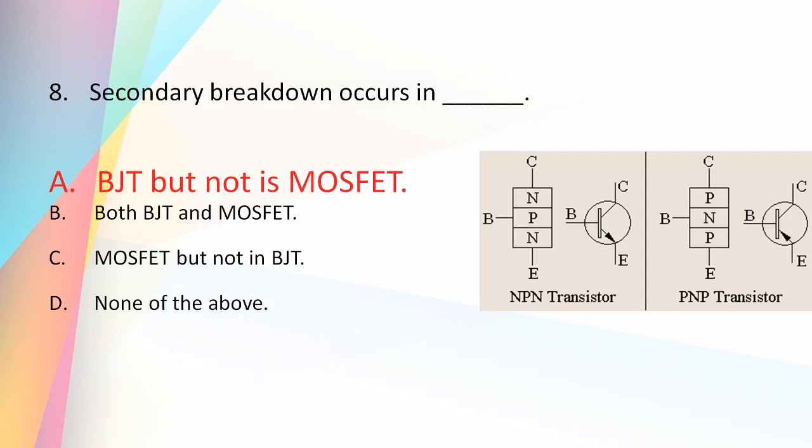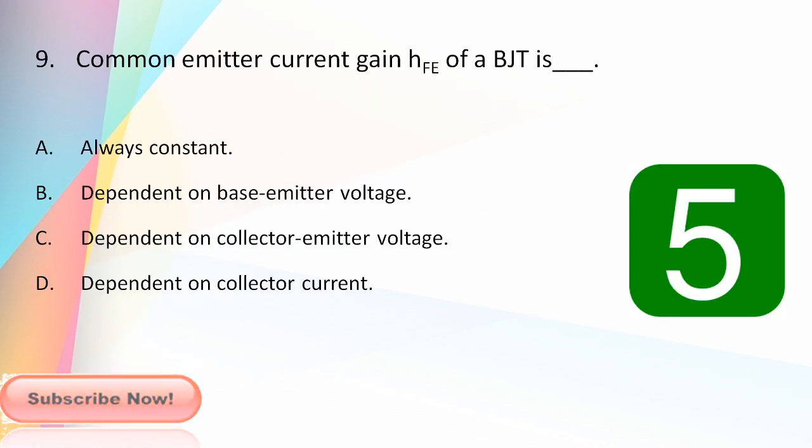And in case of BJT, the base current is sufficiently high in saturation region so that the collector to emitter voltage is very low. The current is increased due to lower collector to emitter voltage, and hence secondary breakdown will occur in a BJT.